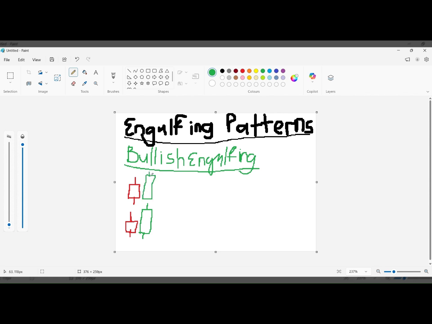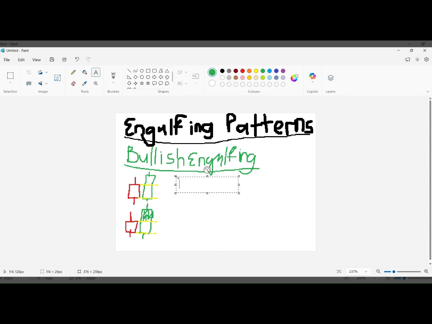So you can see there's an open, there's a close, and there's an open and a close as well. That's what it represents.